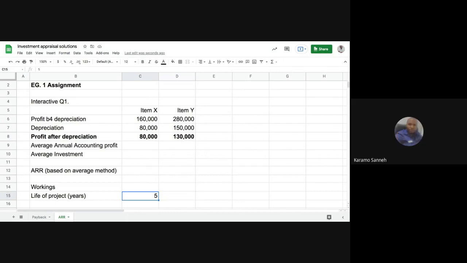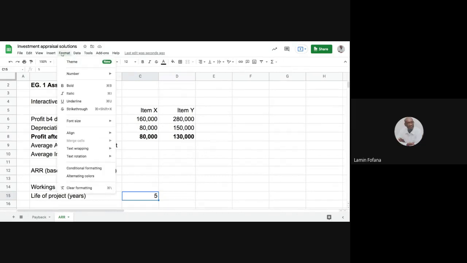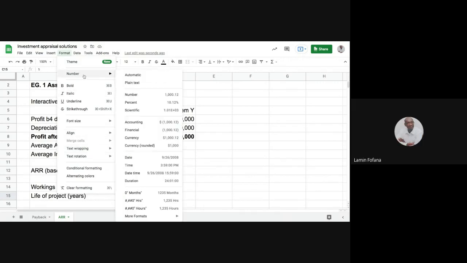Yes, you go to format. Custom number format is down there. Go to number. More formats. Custom number format there.